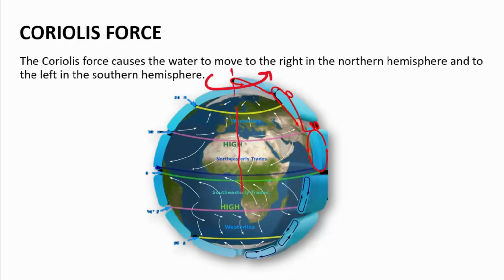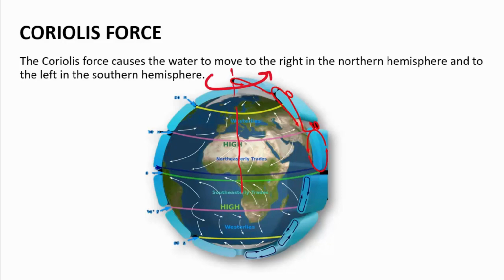Now what happens is that due to inertia, the water and the air present in the atmosphere are not stuck with the surface of the earth. They are free to move, right? They are loose in structure. That means that when the earth rotates in this particular direction, due to inertia, they will have a tendency to remain at the same place.